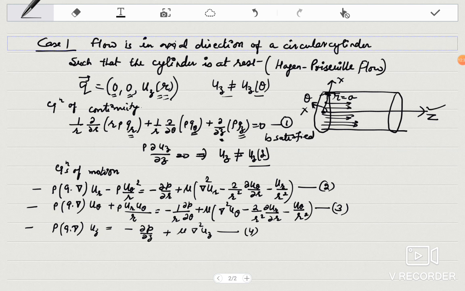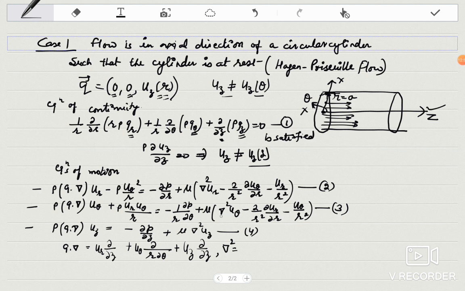Now what is this delta? q dot delta is ur delta/delta r plus u theta over r delta/delta theta plus uz delta/delta z. This is q dot delta. And what is delta square?